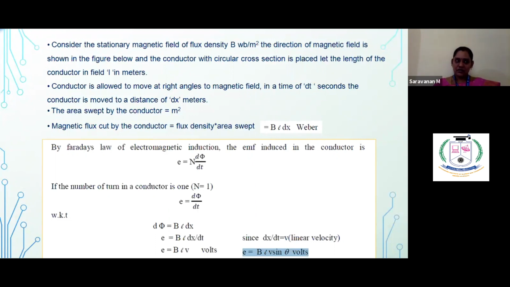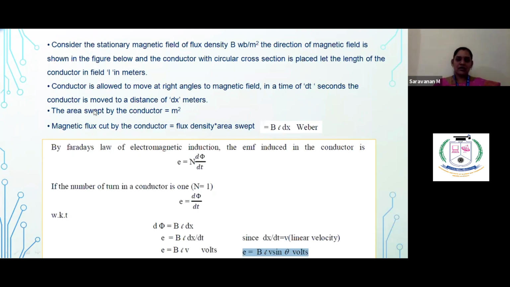When the conductor is moving on a uniform magnetic field, the flux is given by B into the length of your magnetic lines of force into dx. So dx is nothing but how long the distance in your magnetic field it has been moved.